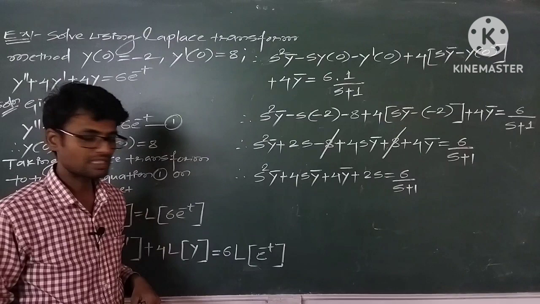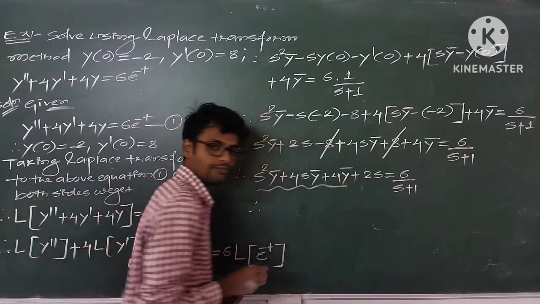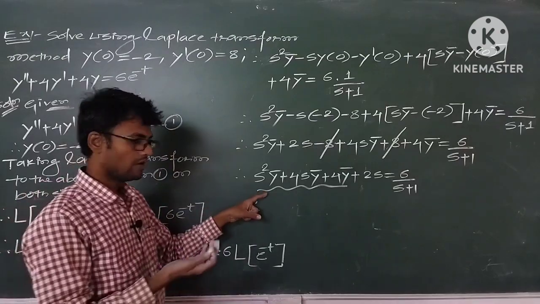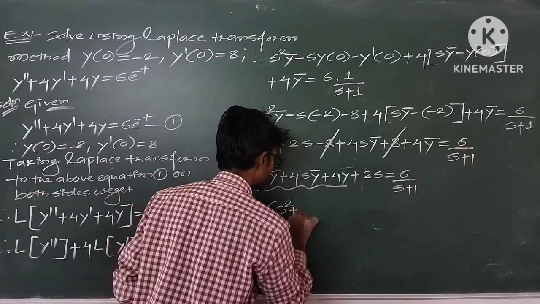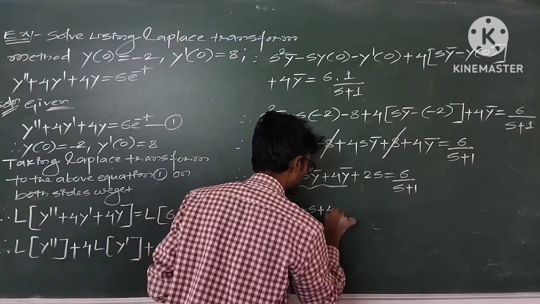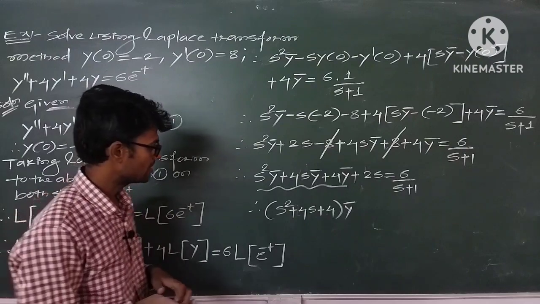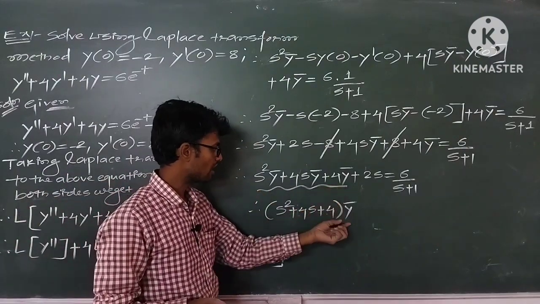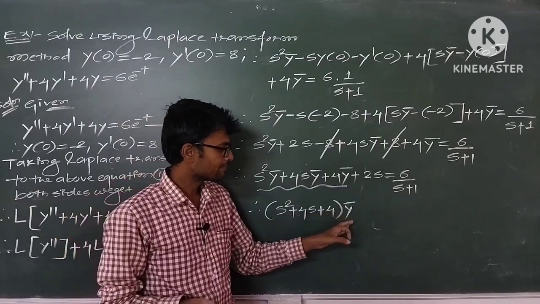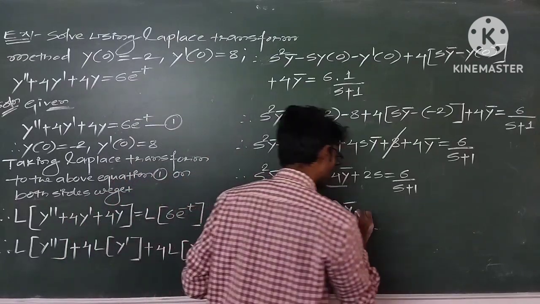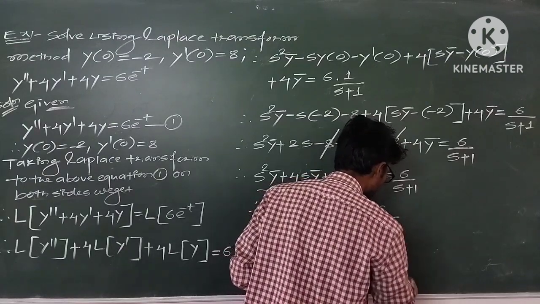Now in this, y bar is common, we take it outside. Inside the bracket we will get s square plus 4s plus 4, into y bar, is equal to 6 divided by s plus 1, as it is.